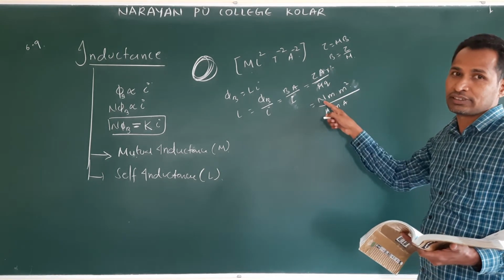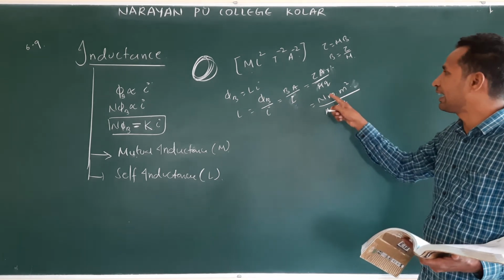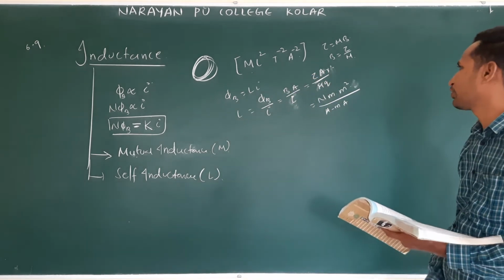Newton is again M into A. If you frame it like that, you will get this dimension formula.